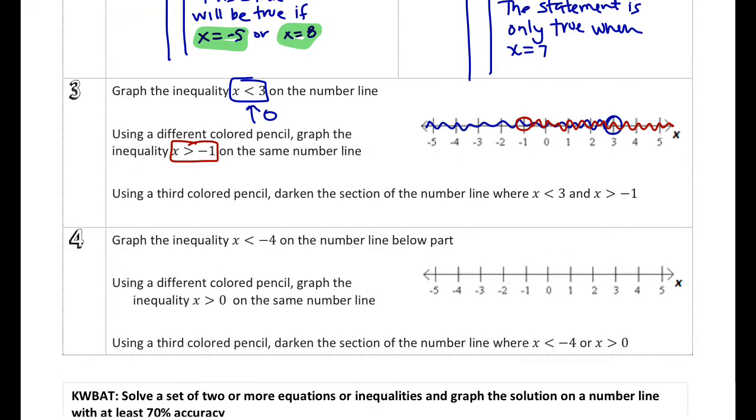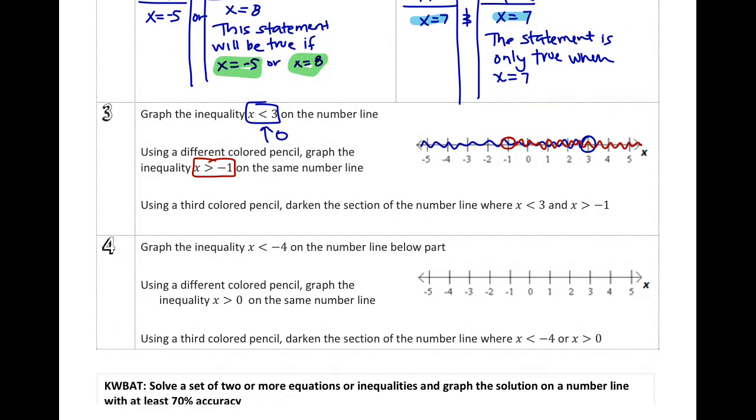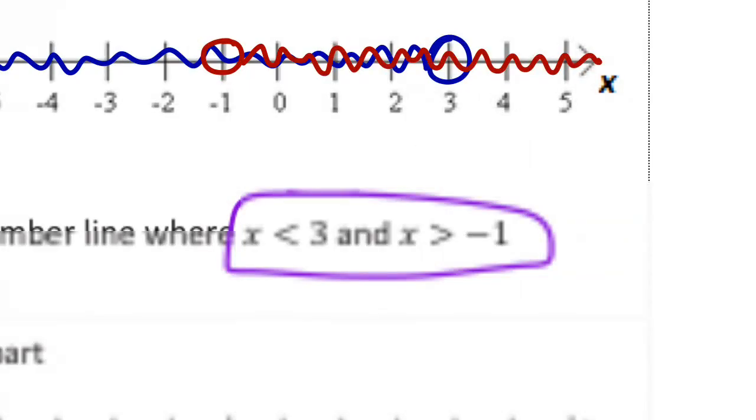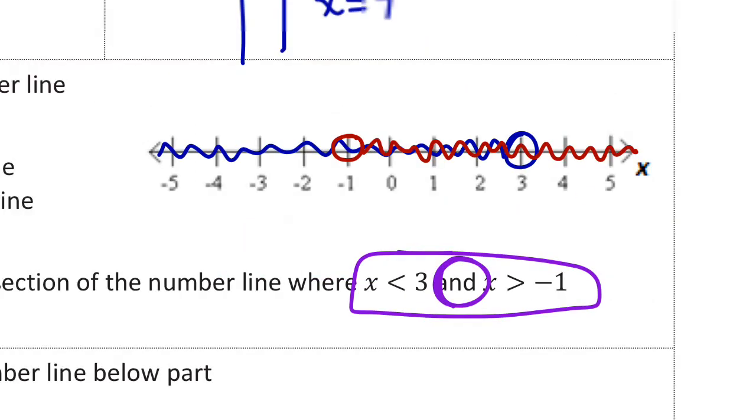Using a third color pencil, they want us to darken in the numbers on the number line where x is less than 3 and it is also greater than -1. Here it's really important that I want to know where both of them are happening.